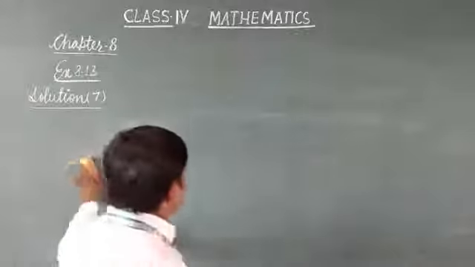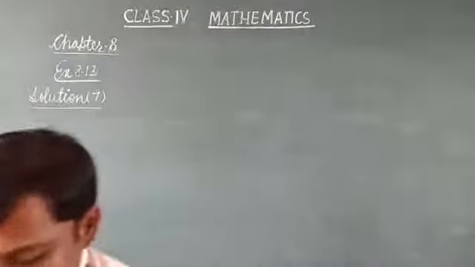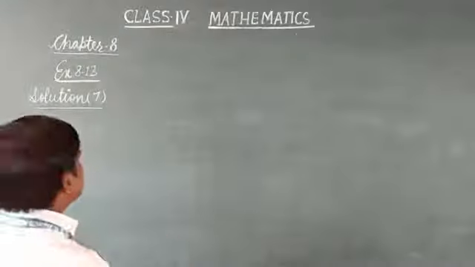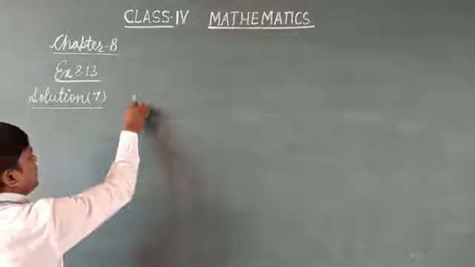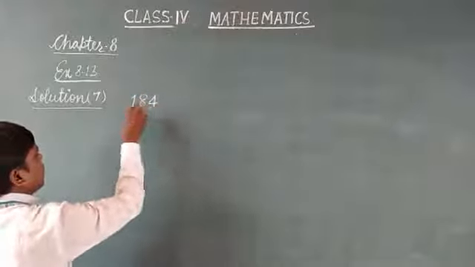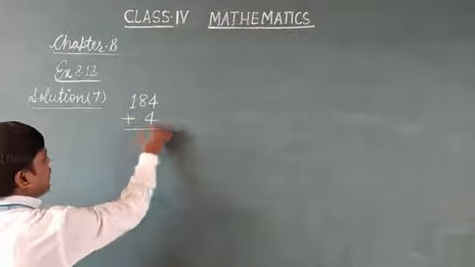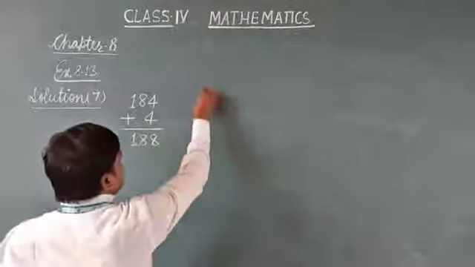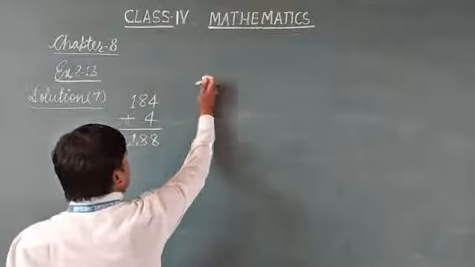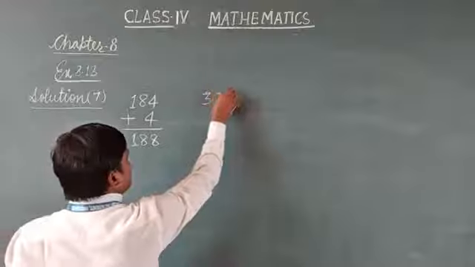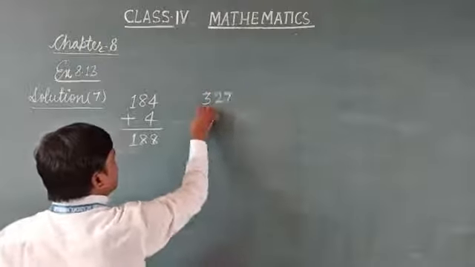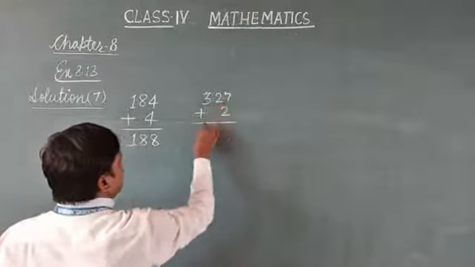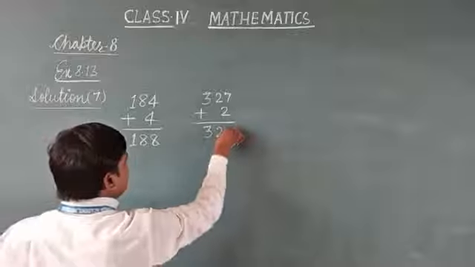In this, the first thing that we will find is the sum. The first number we are having, 184 plus 4, it will become 188. And second number we are having 327, 327 plus 2, it will become 329.